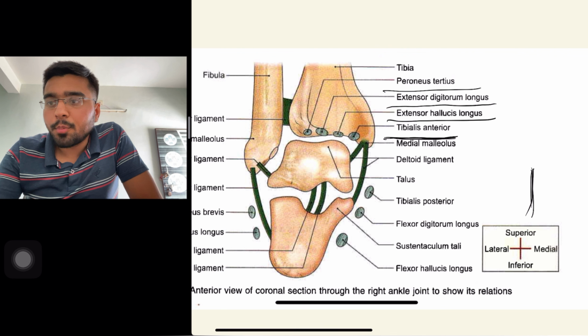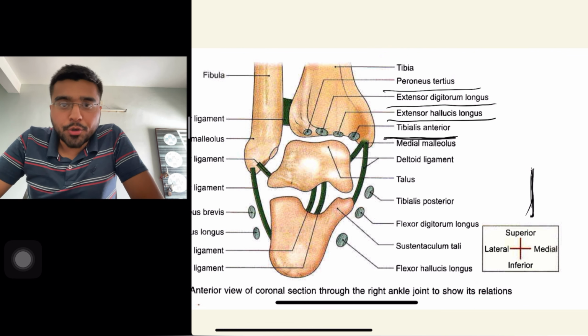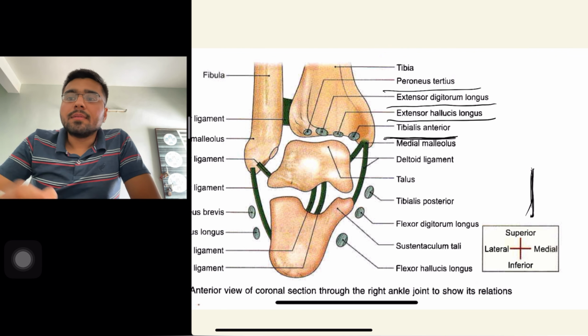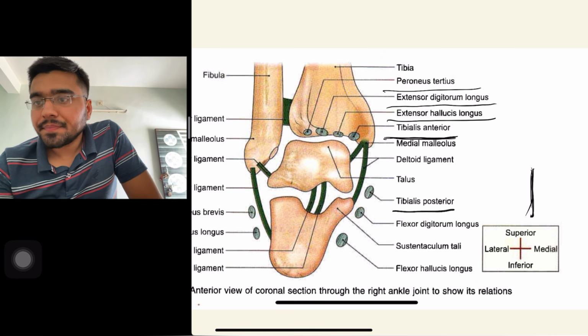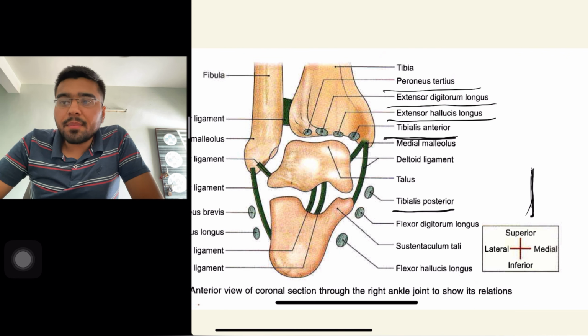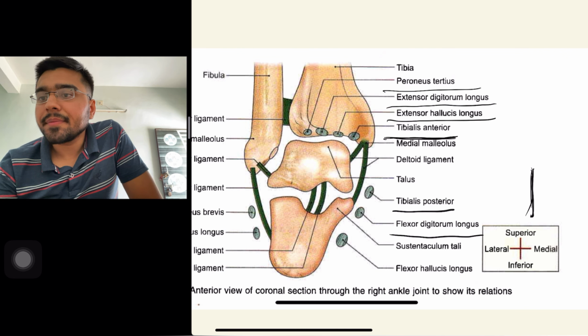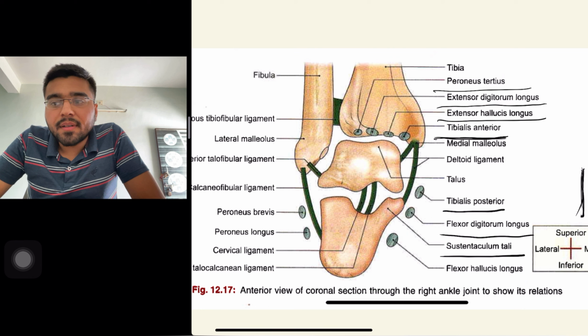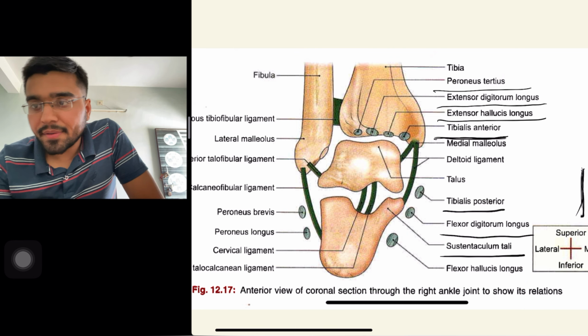This one is the posteromedial side of the ankle joint. This is the medial most part, that is the tibialis posterior. Then the second muscle is flexor digitorum longus, and there is flexor hallucis longus.